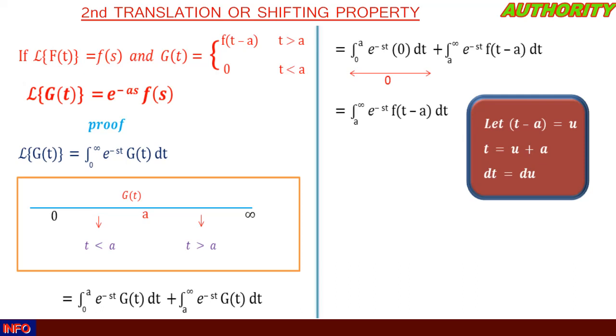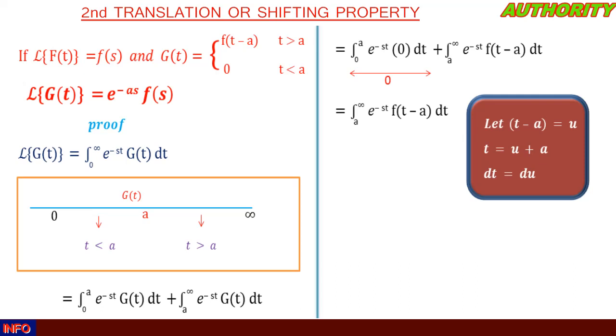And anywhere we see dt, we write du, because the variable has changed from t to u. Is that clear?